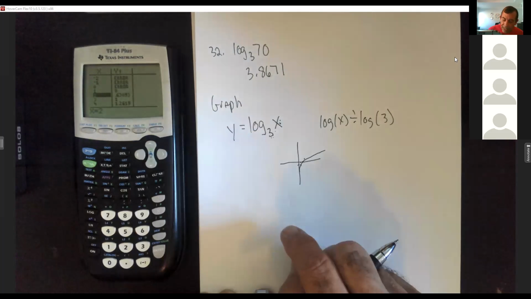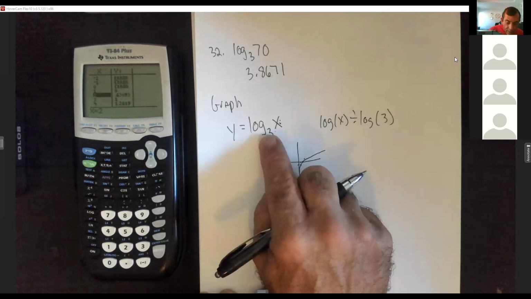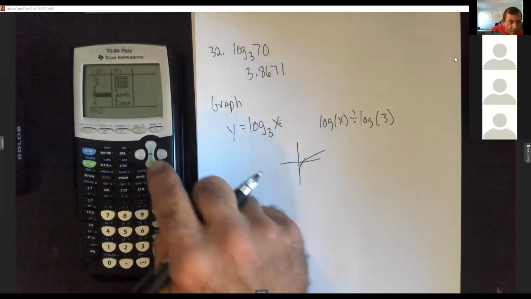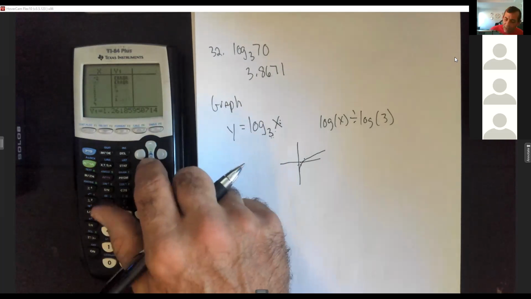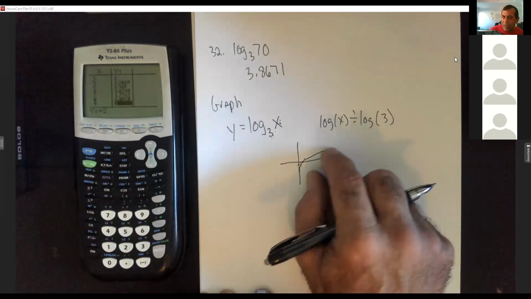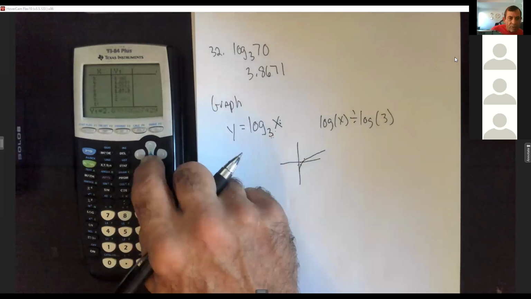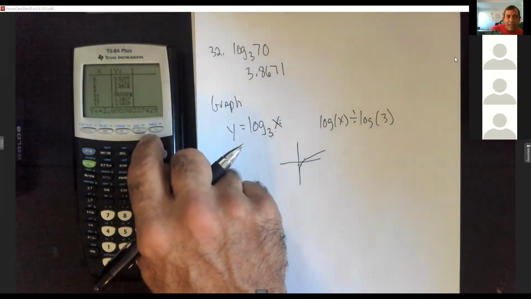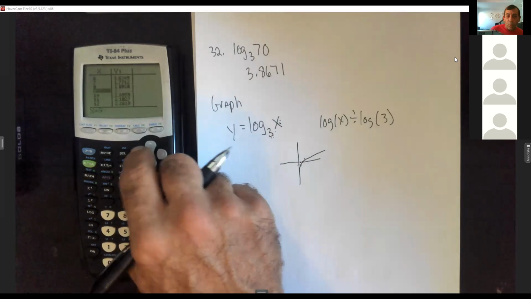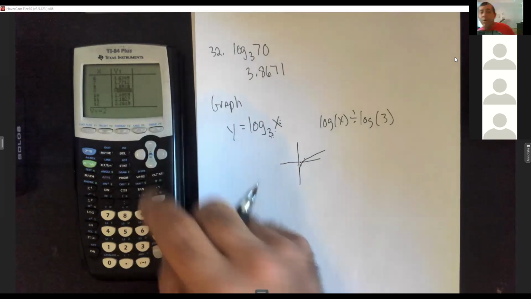When x is 1, the exponent had to be 0 to make that a 1. So you're getting that 0 right there. And then you're seeing it increases slowly. That's why it's sort of almost flat looking, but it's still growing. It just grows slower. But when I hit numbers like 9, 9 is a perfect square of 3, so you get an exponent of 2.